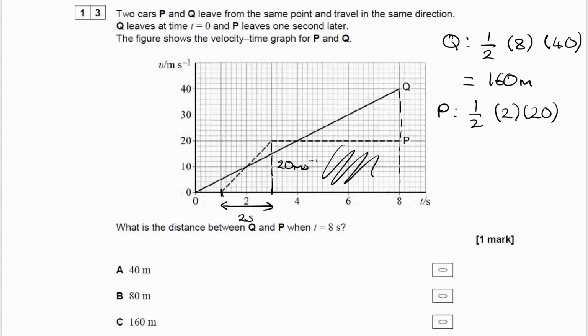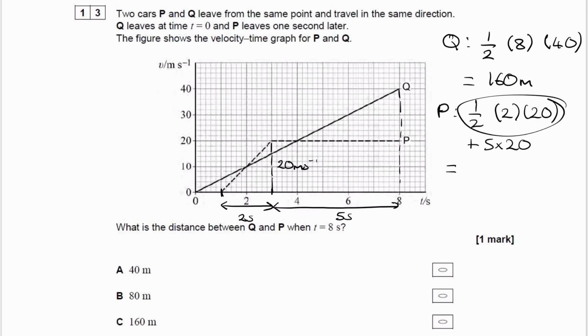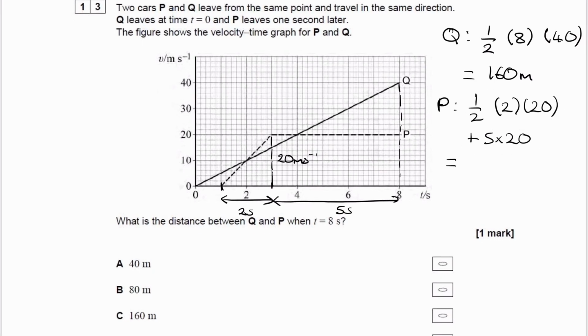And then we have this rectangle here. The base of our rectangle is 5 seconds, from 3 to 8. And the height is again 20. So we're adding 5 times 20 onto the area of the triangle. That will give us the whole trapezium, which is then 20 plus 100, so 120.